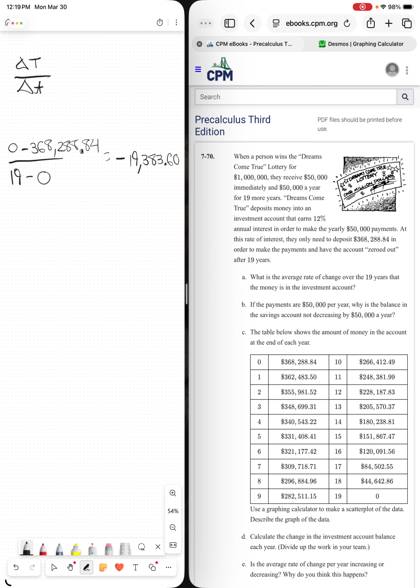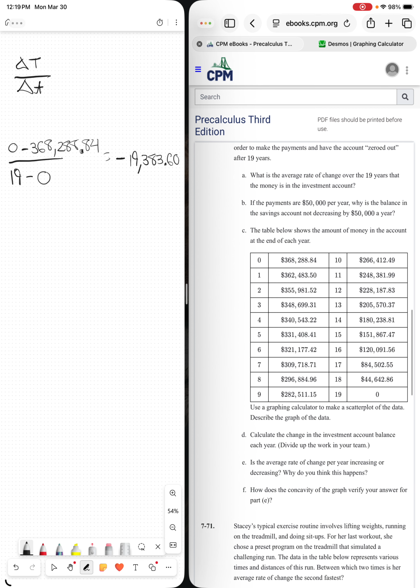Okay, if the payments are $50,000 a year, why is the balance in the savings account not decreasing by $50,000? Because it's gaining that 12% interest. So when it's gaining that interest, they're not actually losing the full $50,000 because they're gaining some of it back. Okay, C says, to do this, make a scatter plot of the data. You can do that on your calculator. Calculate the change in the investment account balance each year.